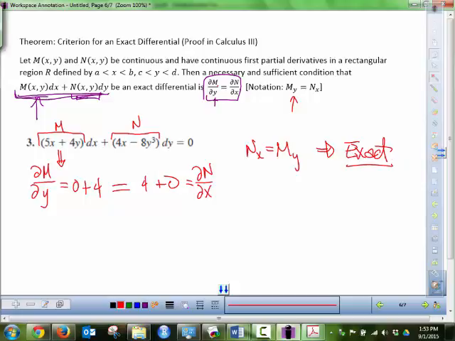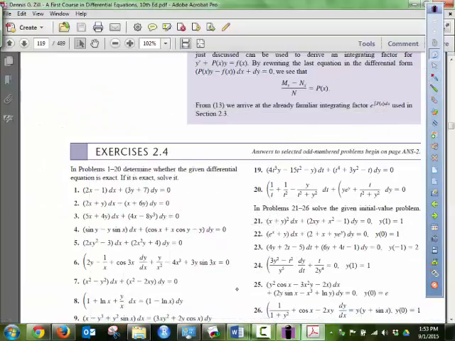Let's do another example that might require a slightly more complicated partial derivative. Slightly, not a lot. Let's do number 5.